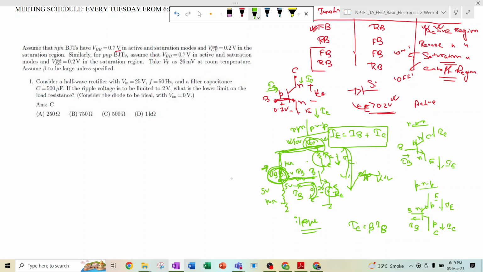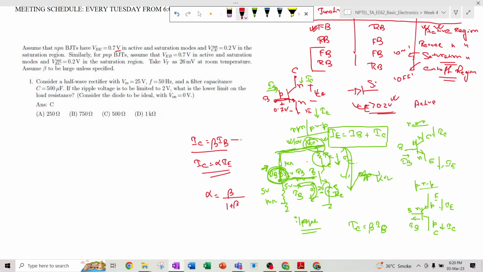So what I was discussing about the beta. Basically the current through the collector is nothing but beta multiplied by the current flowing through the base, IC equal to beta IB, and similarly IC equal to alpha IE. So we can easily find out the relation between alpha and beta. Alpha is nothing but beta divided by 1 plus beta.